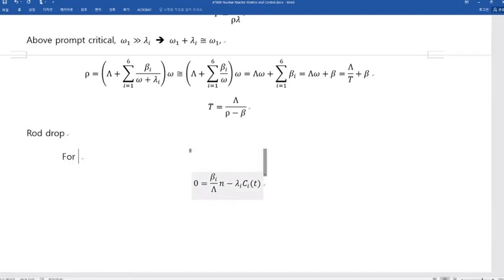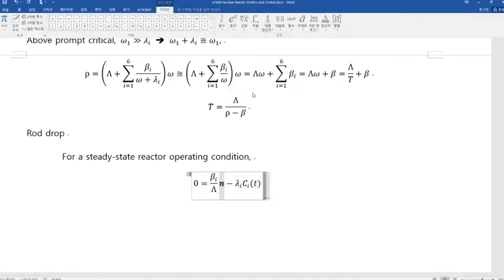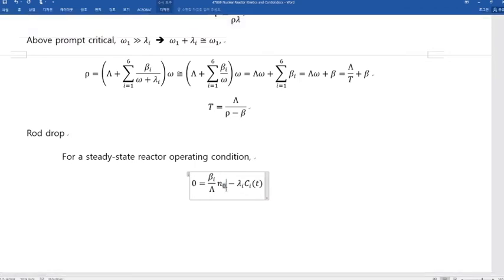Let me write it for steady state reactor power, the reactor operating condition. There must be some steady state neutron population, and for all lambda i's there must be some steady state precursor concentration.